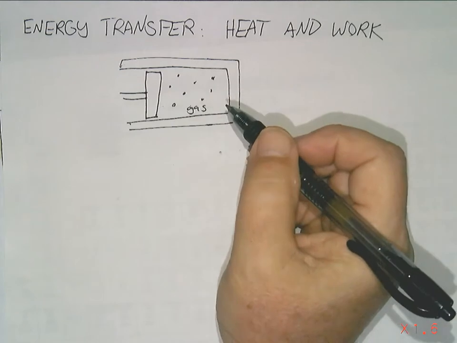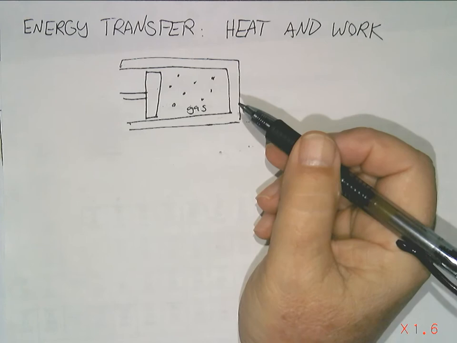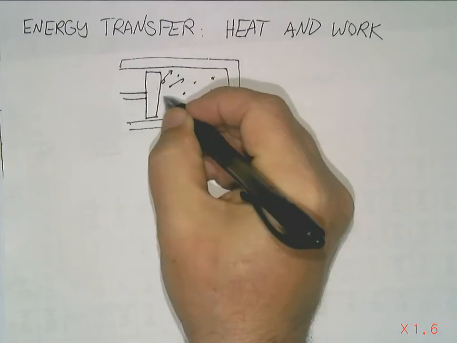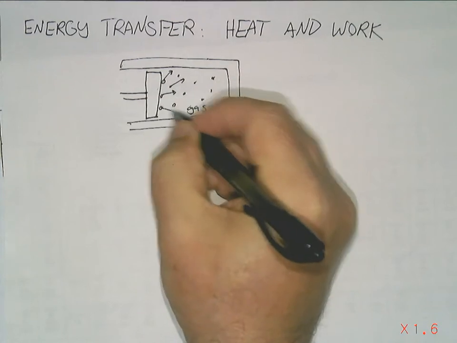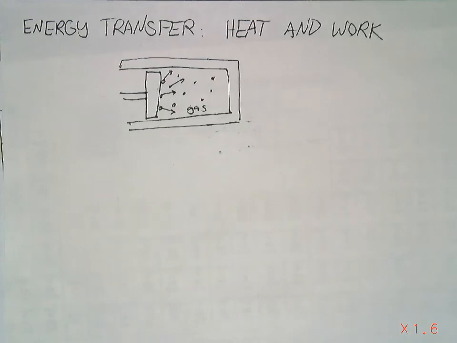The energy is going to go into the gas as the piston slams against these maybe slower moving molecules. It'll make them move fast. So the molecules that are right under the piston head are going to get whacked, and they are going to move a lot faster.